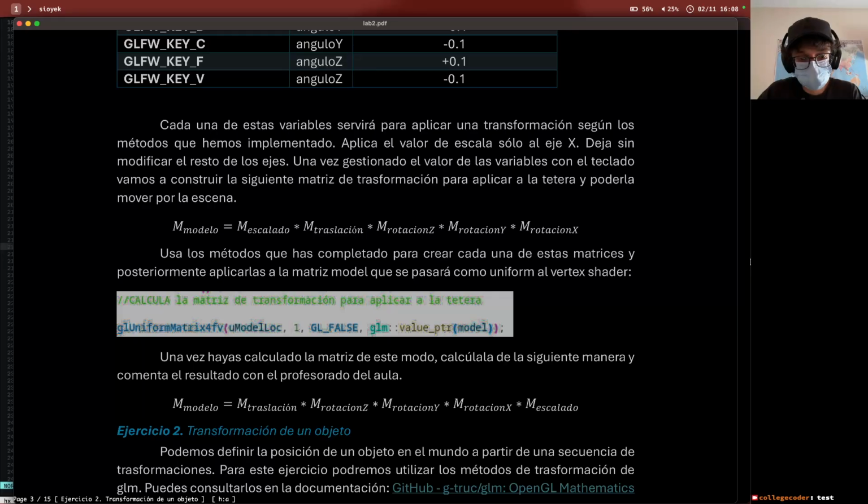So it's actually first rotated, then translated and scaled. It doesn't matter.